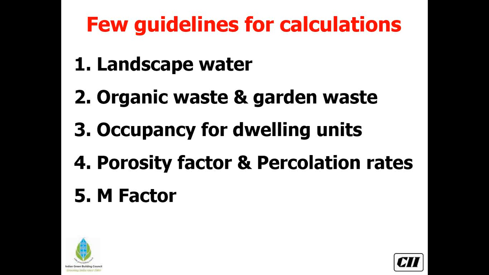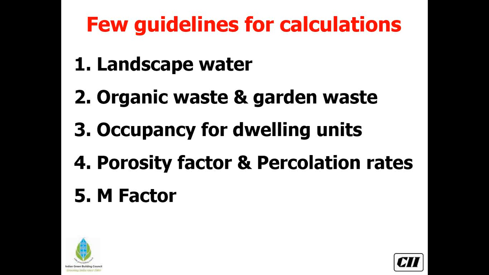Whereas percolation rate depends on the type of soil which we are proposing. It varies from city to city, location to location. Hence, for precertified projects, we recommend 1 cubic meter per hour as percolation rate for calculation purpose.